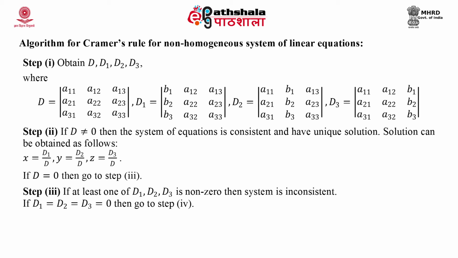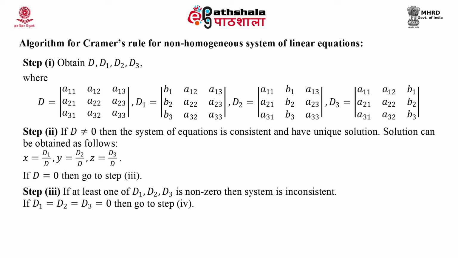So, the determinant D1 is obtained by replacing the first column of D by the column vector B1, B2, B3 transpose. Similarly, D2 is obtained by replacing the second column of D by the column vector B1, B2, B3 transpose, and D3 is obtained by replacing the third column of D by the column vector B1, B2, B3 transpose.